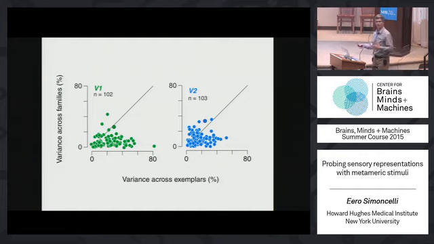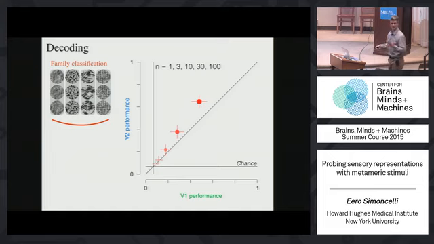And now, if you take the populations of equal size, 100 of each, and you ask, well, how good would I be at taking that population and identifying which family, which kind of texture I'm looking at, and we do this with cross-validation and everything. I can give you the details later if you want to know. We find V2 always better than V1 in doing this task.